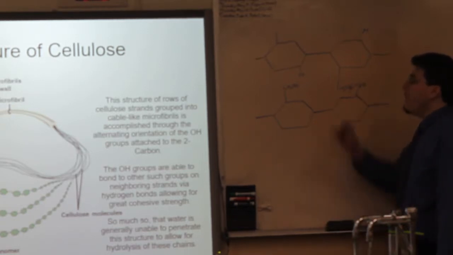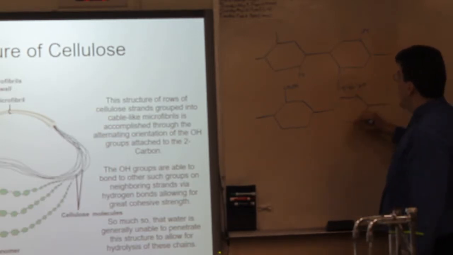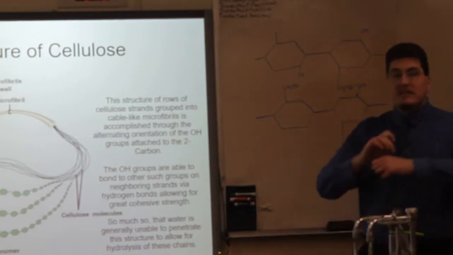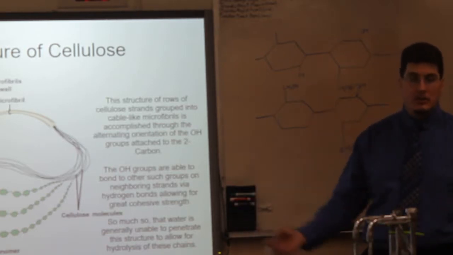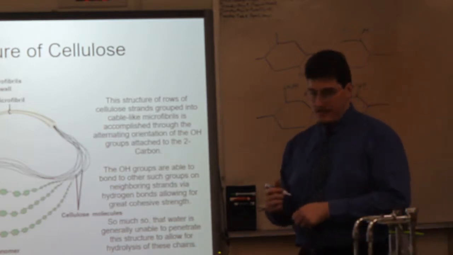All right. So this alternating pattern of up, down, up, down allows these chains of beta glucose to hydrogen bond to one another.